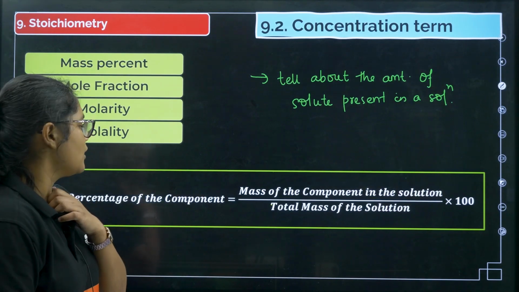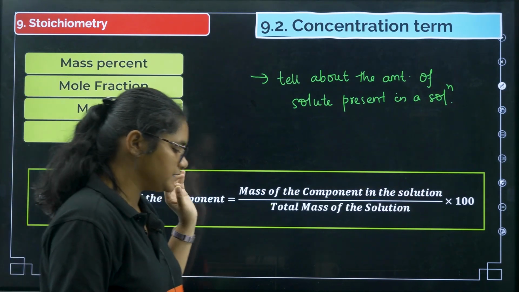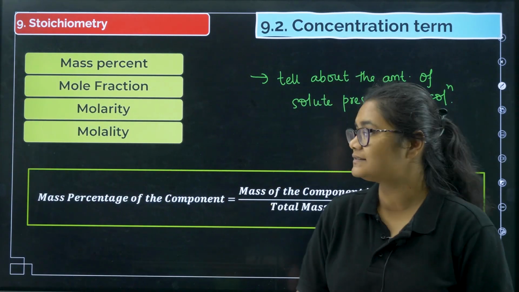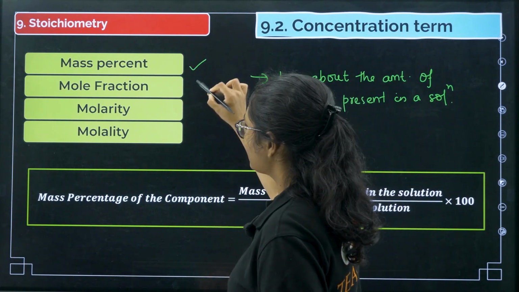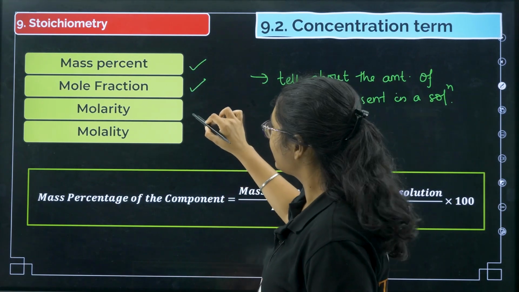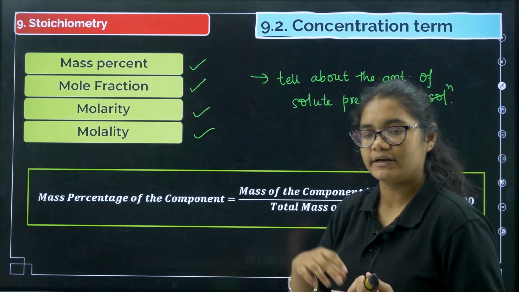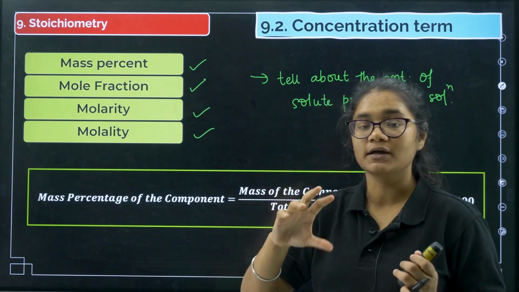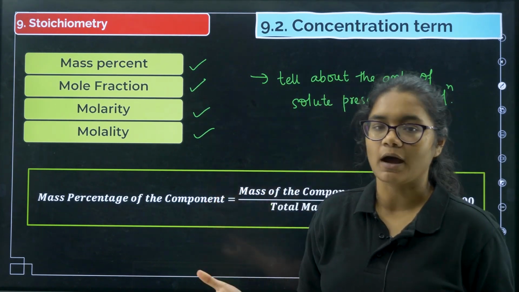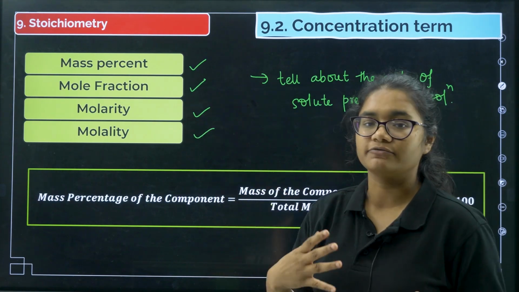Okay, so now, there are four concentration terms that we need to study, that is your mass percent, then mole fraction, okay, then molarity and molality. First, coming to mass percent, we have already seen one mass percent, and that is the mass percent of an element in a compound, and this is the mass percent of a solution.